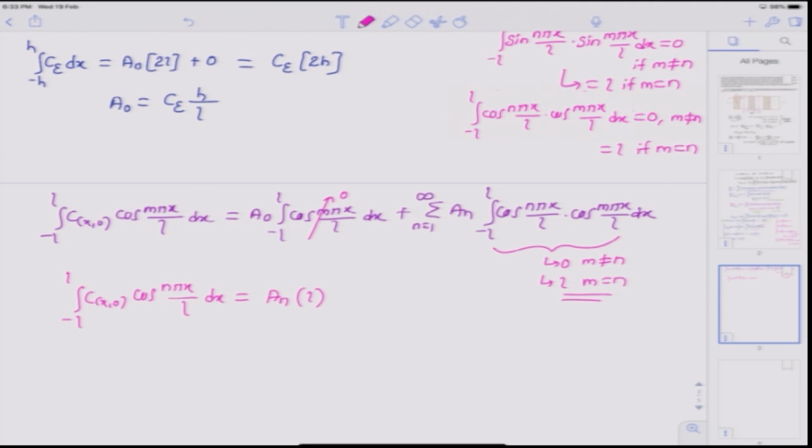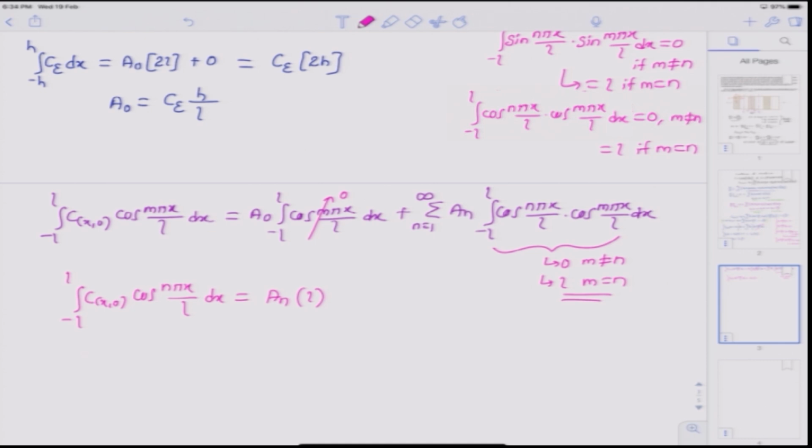Again C of x 0 is 0 for the limits minus L to minus h and for h to L, and between minus h to h this value of C of x 0 is C epsilon.